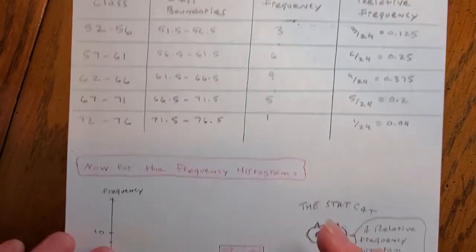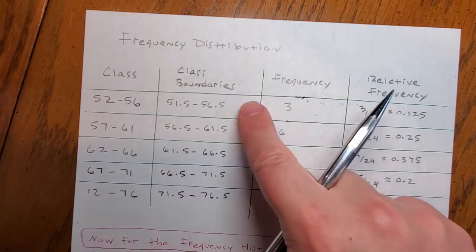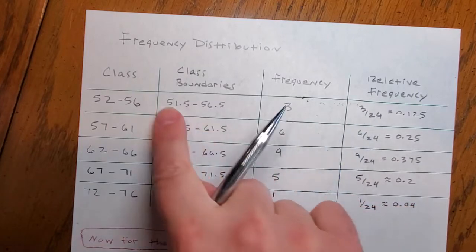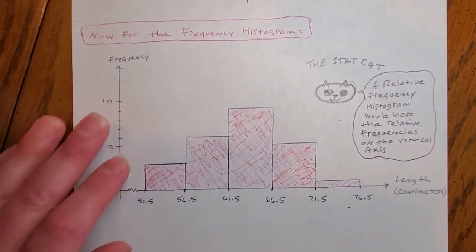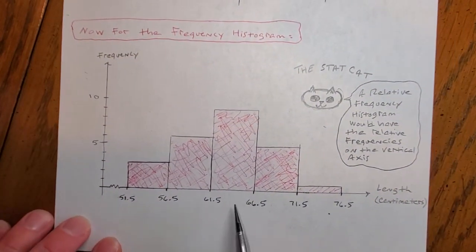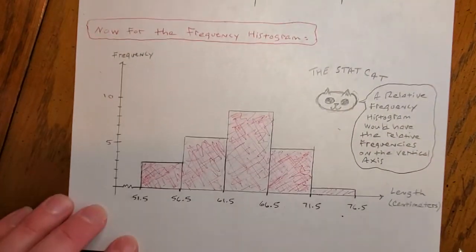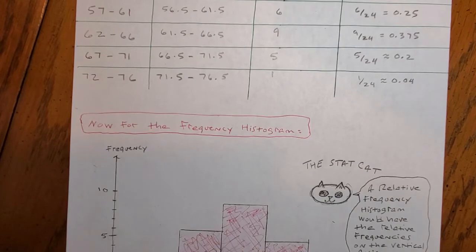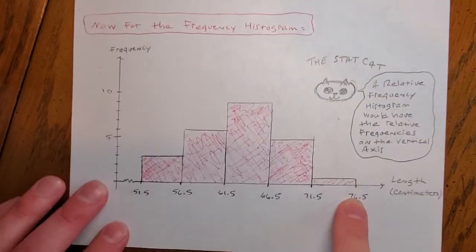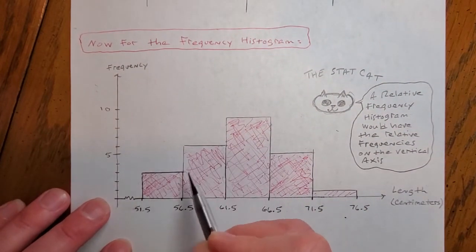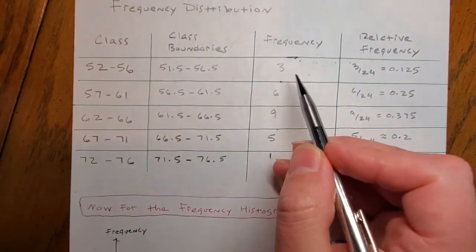But anyway, I put the class boundaries in there, 5 classes, 5 sets of class boundaries, 51.5, 56.5, you know, you get the idea, all the way through 76.5. That's horizontal, okay? And then these bars just go up to whatever the frequency is.